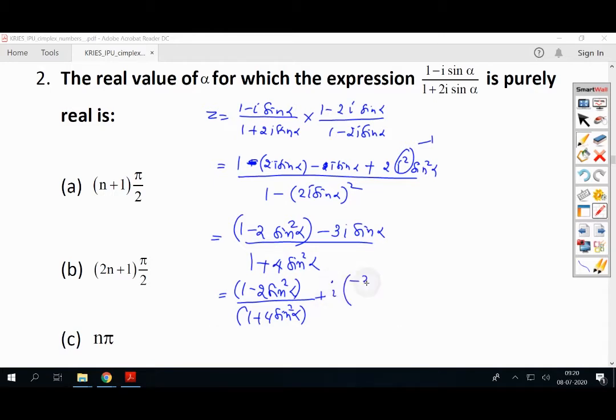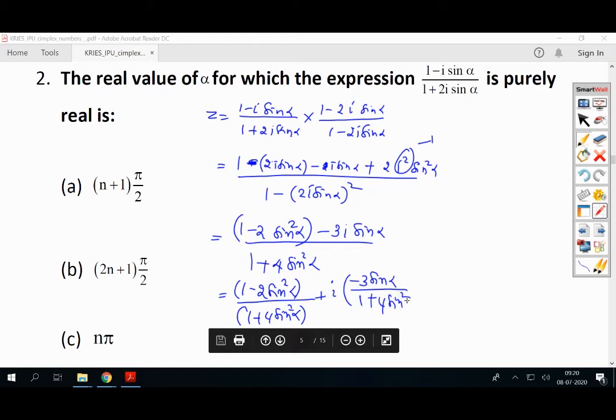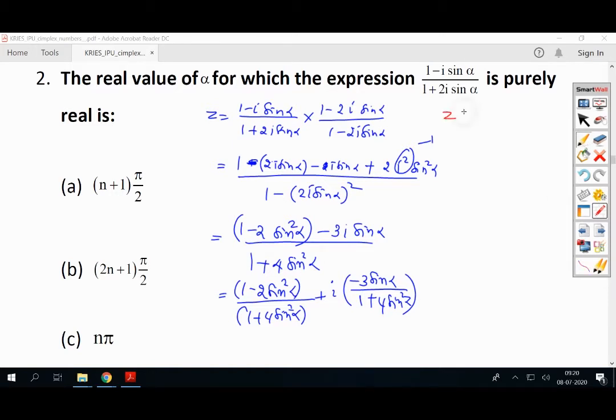This is the usual method I am solving, but I will tell you later how to do it with a shortcut method. Now it is given that the complex number is purely real. That is a hint. Since z is purely real, the imaginary part of z is equal to 0.